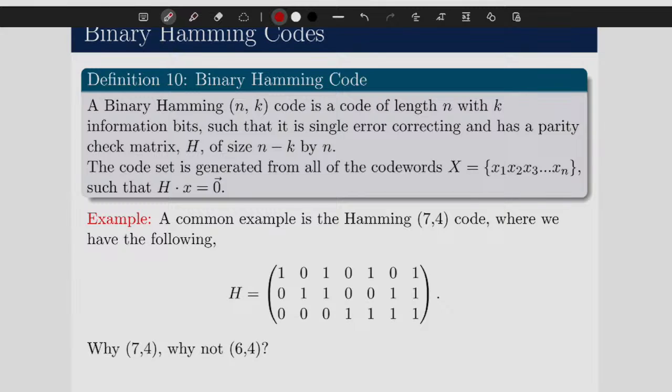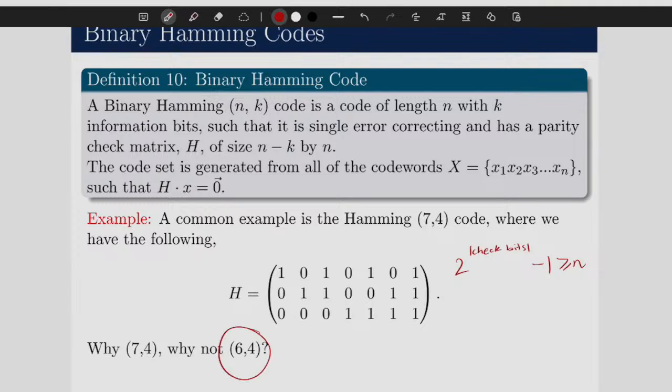And while 6,4 is not impossible, it is possible to write a code like this, if you do write a code with this though, it will not satisfy these conditions. That is just essentially the error. And an equation that you can think of just to help you out is something that looks like this. So 2 to the power of the number of check bits, in this case it would be r, but I'm just going to use 2 because it's binary, minus 1 has to be greater than or equal to n. Right?